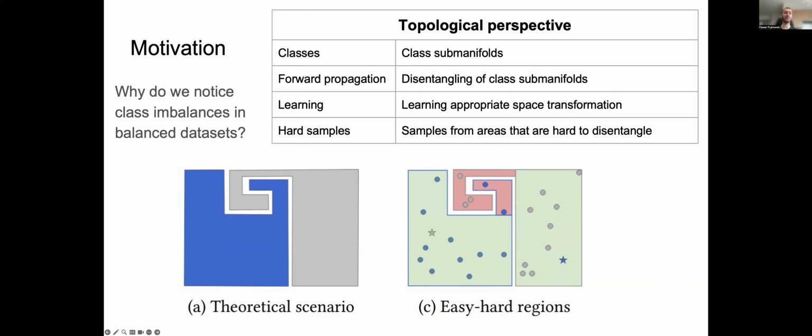This is a very natural consequence of the geometrical and topological properties and relationship between class submanifolds, and it's not something that can be escaped by fixing the sampling, how it, for example, could be done in classical data imbalance. So it's a much more complicated problem.